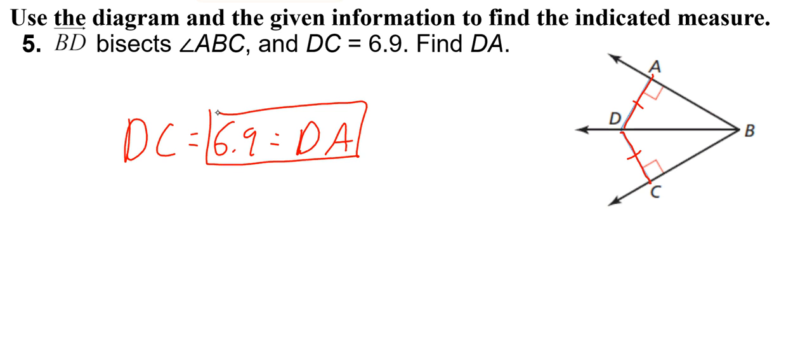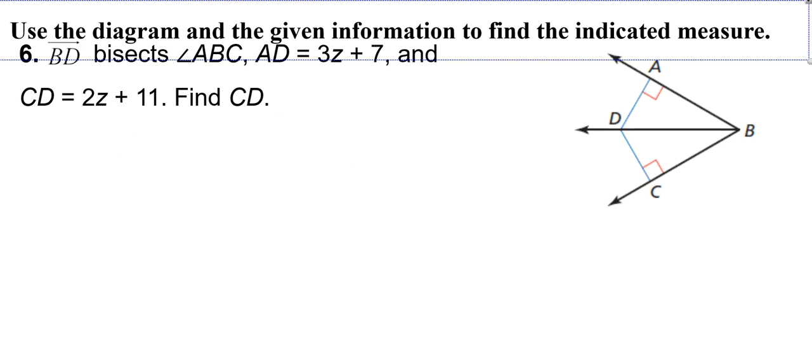Okay, example 6. Using our diagram here, BD bisects angle ABC, so segments AD and DC are going to be congruent.